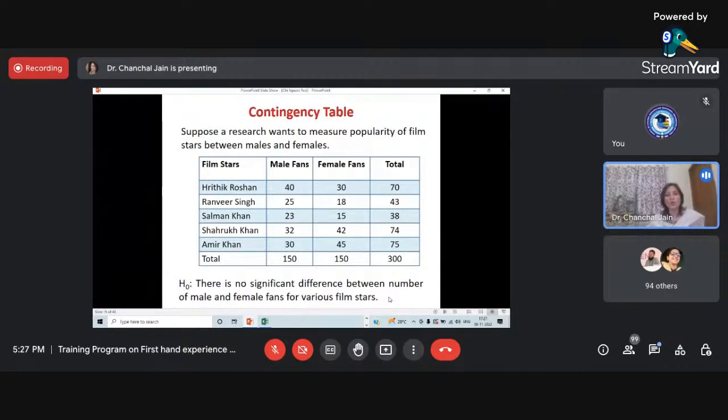Although I have not mentioned this in the slide, we can also write the hypothesis that way. For this kind of data, we can go for the chi-square test.